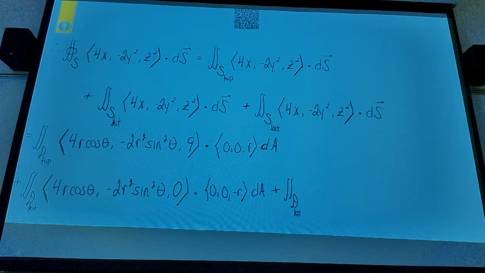Then a double integral for the lateral surface, because I have enough room.